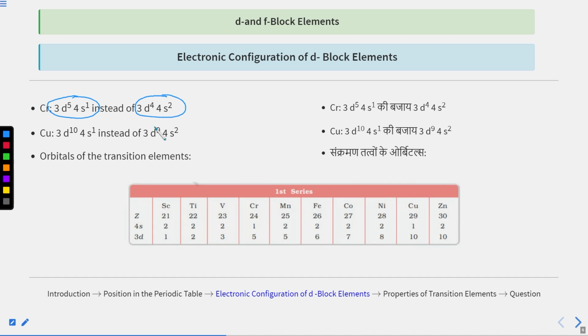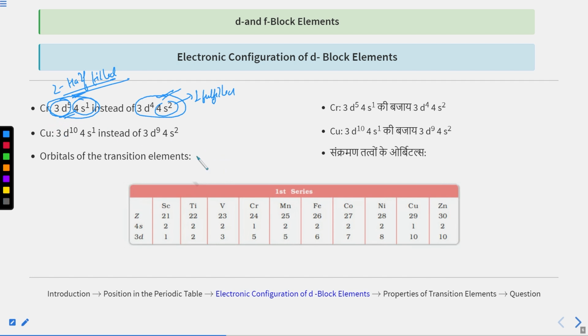But in this case, we can see that both of the orbitals, 3d and 4s, are half filled, whereas in the other case we have only one fully filled. So for this reason, we will have 3d5 4s1 rather than 3d4 4s2.